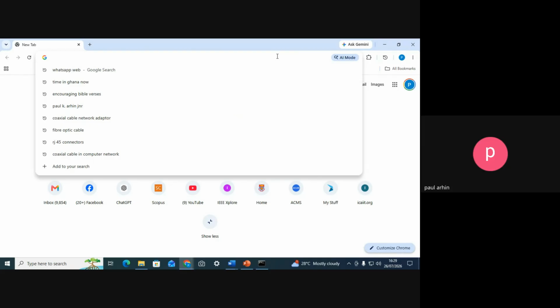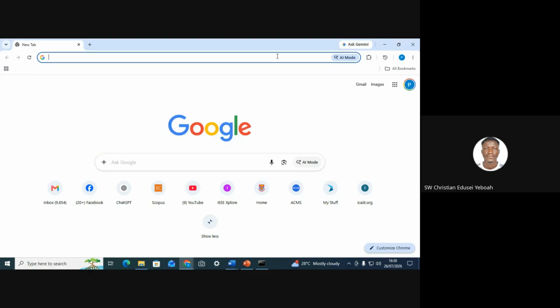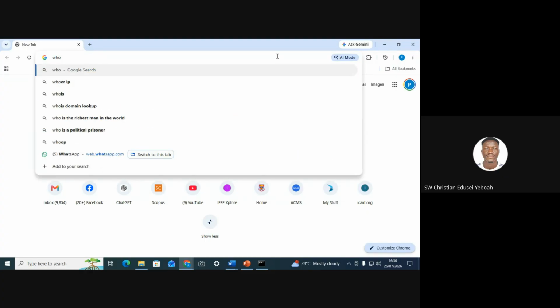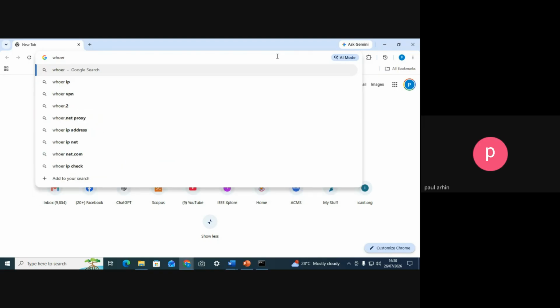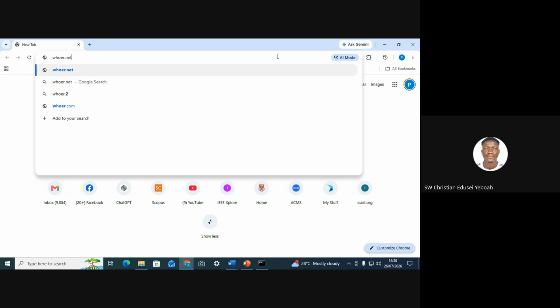Some of us are interested in the process. How to find an IP address? Okay, so you type WHO, whoer.net. Then you put .net.